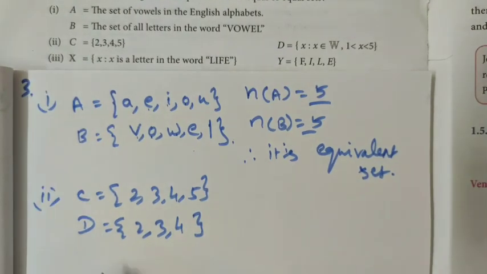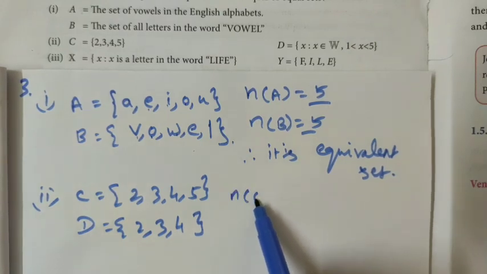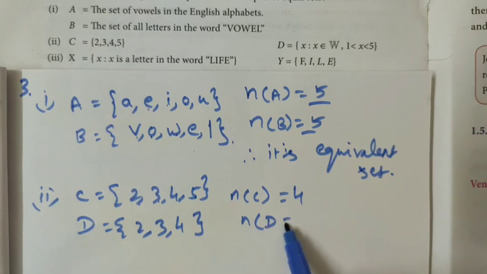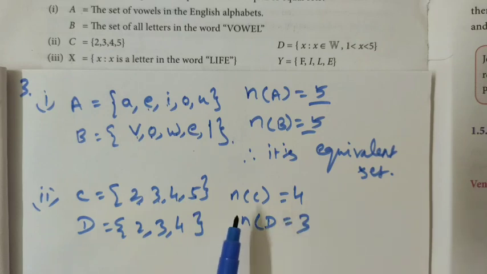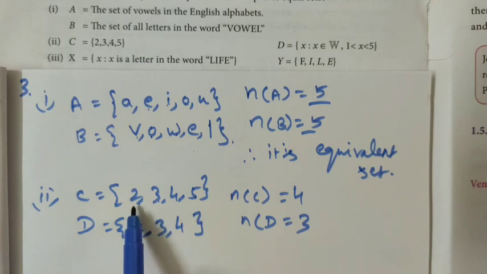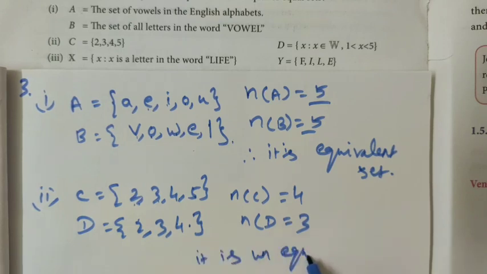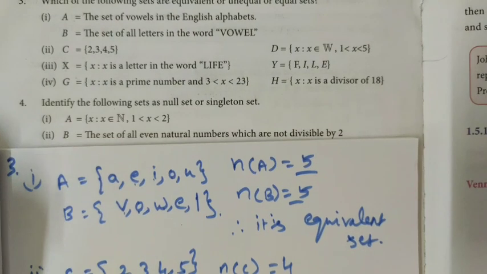So n(C) is equal to 1, 2, 3, 4. n(D) is equal to 1, 2, 3. The number of elements are not equal, right? So it is not an equivalent set. Then we have to go to the other condition, equal set or not. C has 2, 3, 4 and 5, and D is missing 5, right? So it is not an equal set. So clearly it is an unequal set.